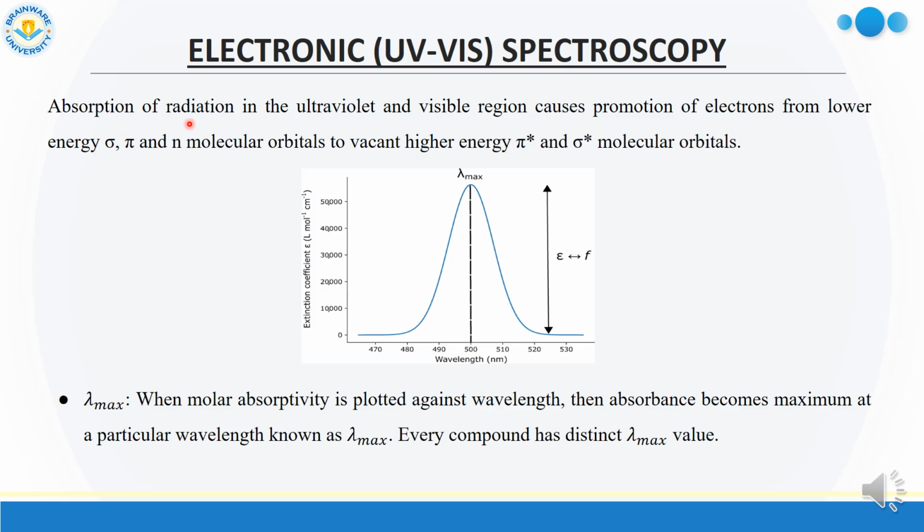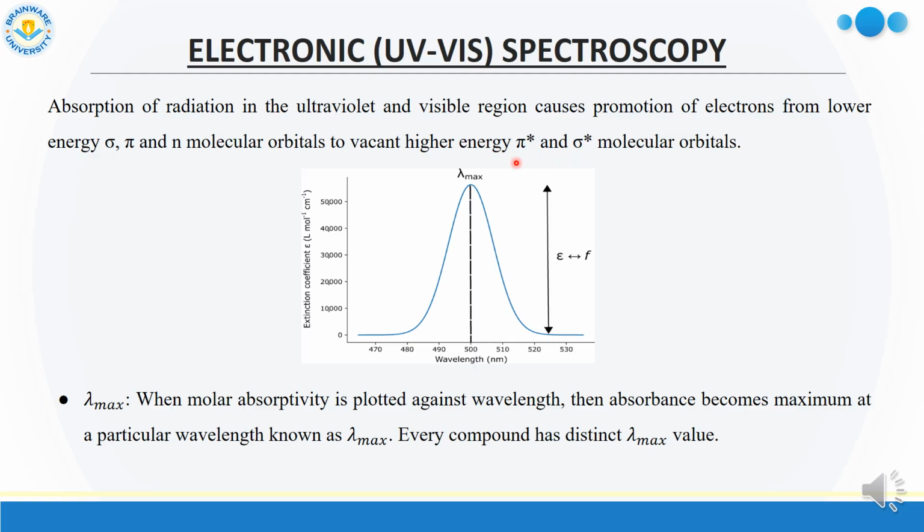Now, absorption of radiation in the ultraviolet and visible region causes promotion of electrons from lower energy sigma, pi and n molecular orbitals to vacant higher energy antibonding molecular orbitals.